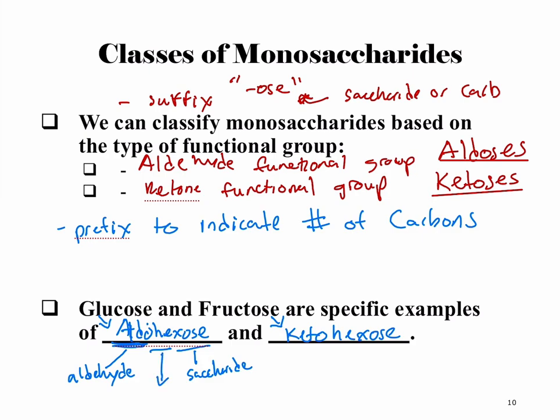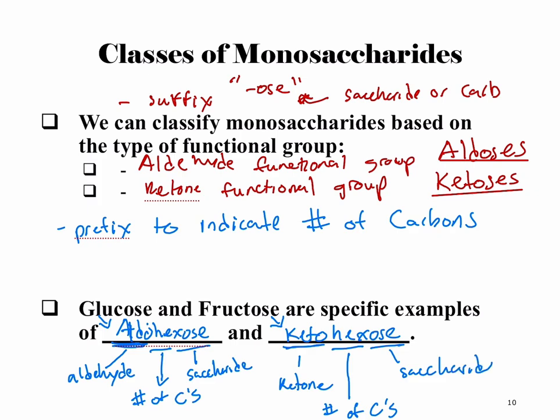This is going to be the number of carbons. Keto for fructose tells us it's a ketone. Hex tells us number of carbons. And then ose tells us that it is a saccharide or a carbohydrate.